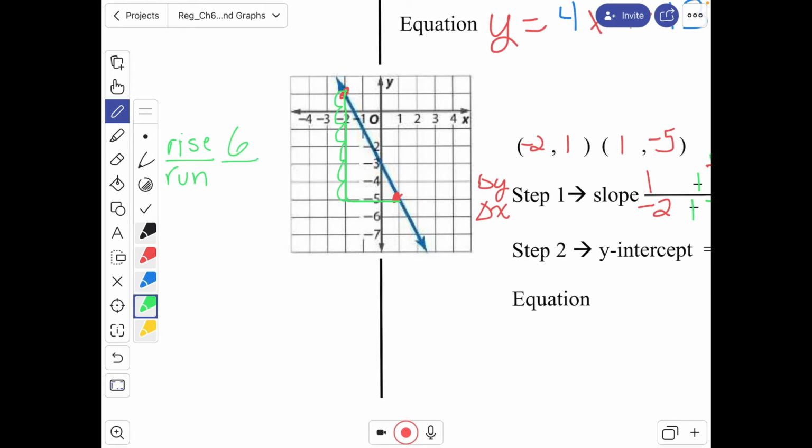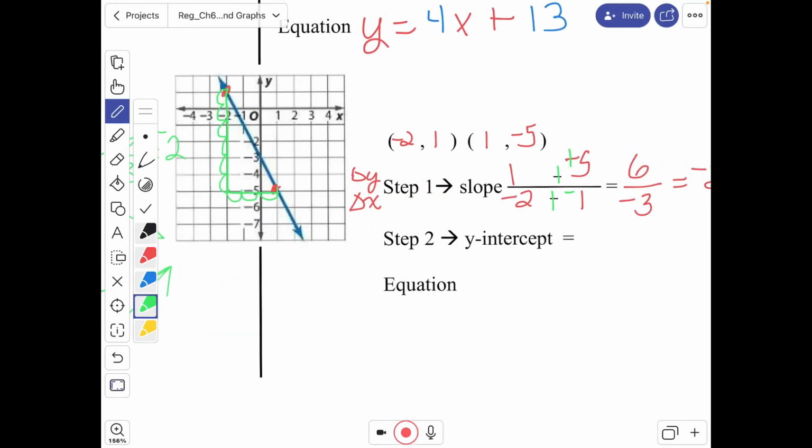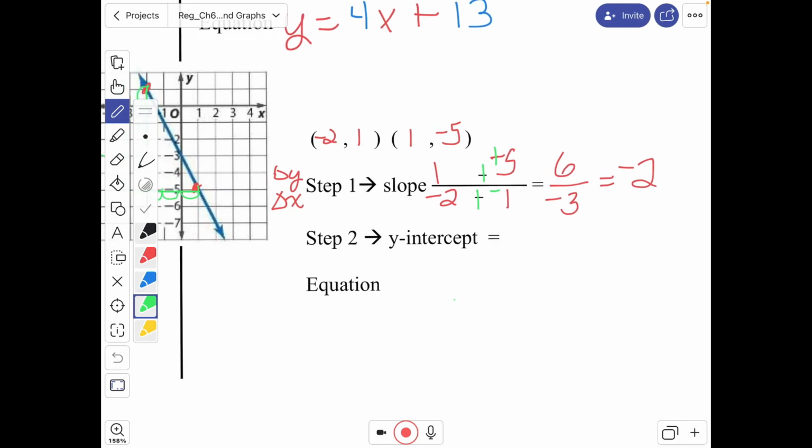It rises 6. And then the run, 1, 2, 3. And 6 divided by 3 makes 2. Now I know it's negative because the line is pointed down. So it's -2. If the line was pointed up, that would be positive. So that's just another way to find the slope.